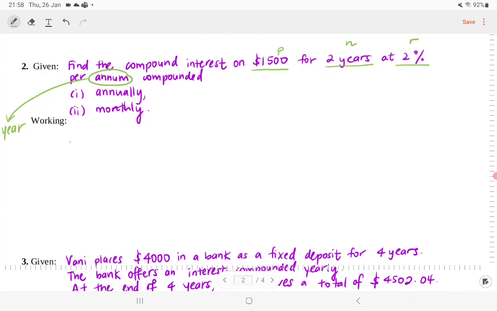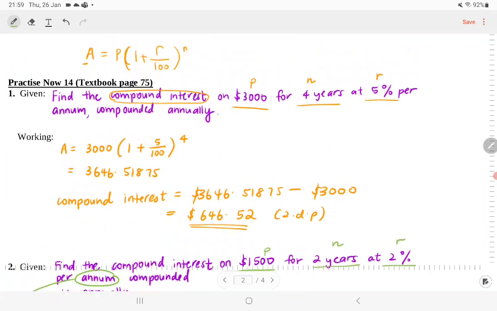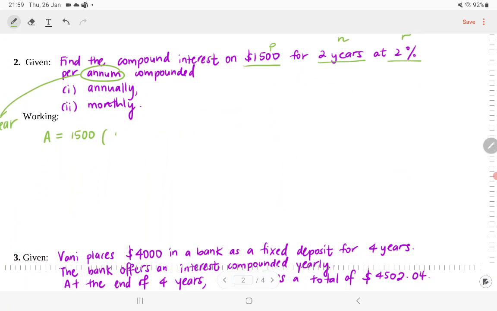Okay, formula again. Principal amount is 1,500. So formula is here, refer to this formula. 1 plus my interest rate is 2, so 2/100, and my N is 2.